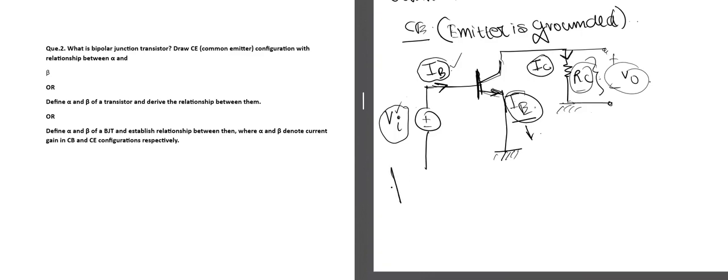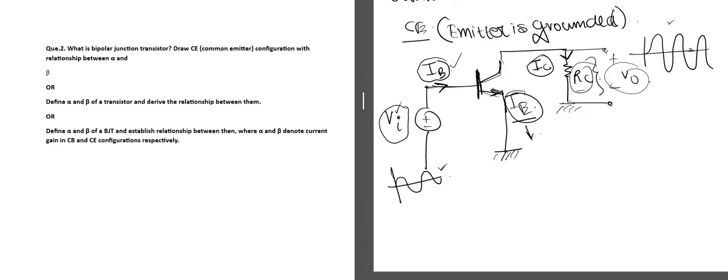For example, let us assume that we have applied a signal like this, and at the output we are getting a signal like this. As we can see, this signal is amplified because the amplitude is increased. So we have to determine the amplification factor, to say by how much factor the amplitude is increased.